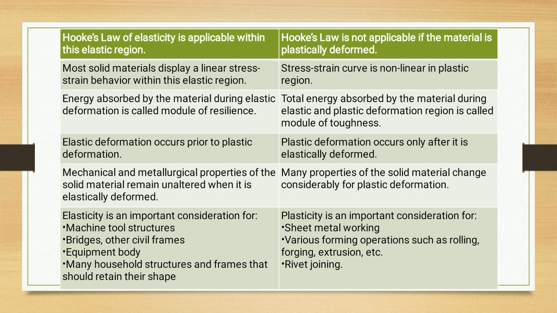So elasticity is an important consideration for machine tool structures, bridges, other civil frames, equipment bodies, and many household structures and frames that should retain their shape. And plasticity is an important consideration for sheet metal working, various forming operations such as rolling, forging, extrusion, etc., and rivet joining.